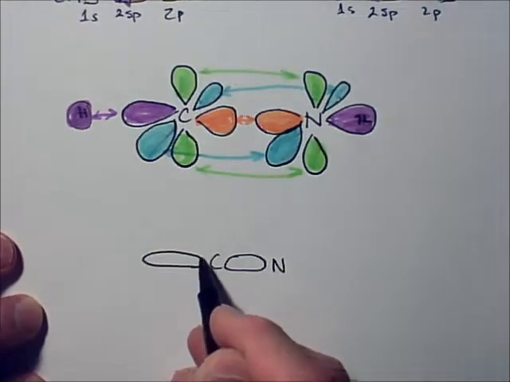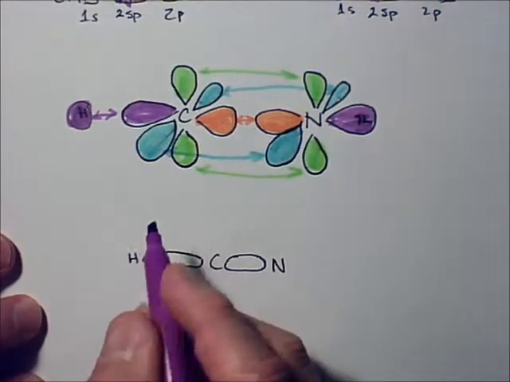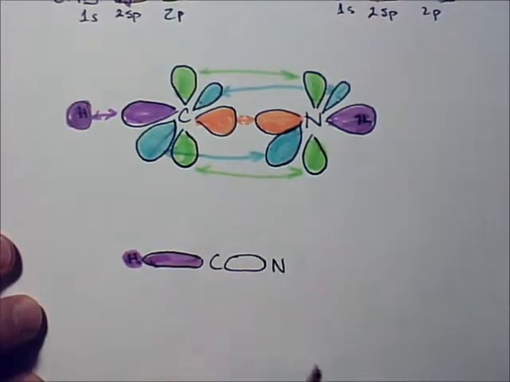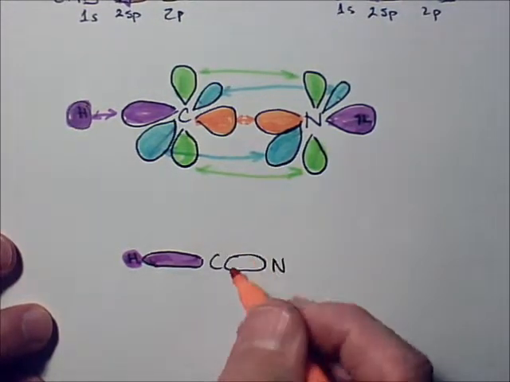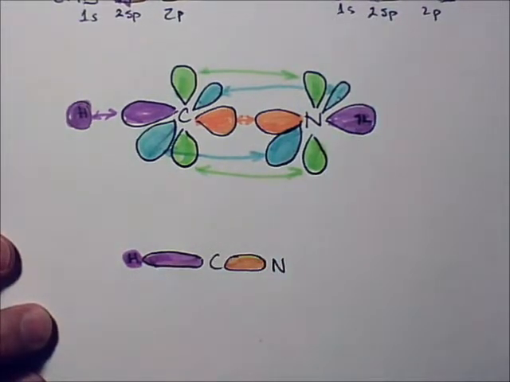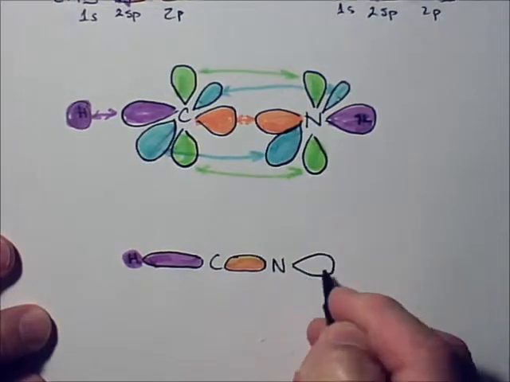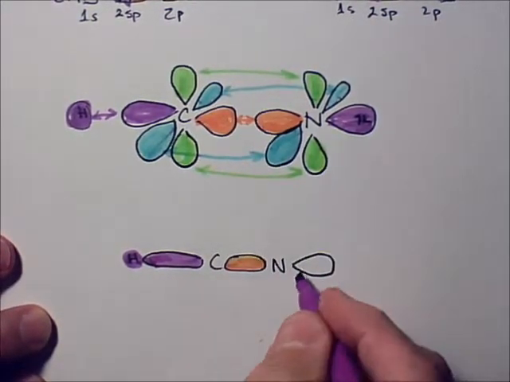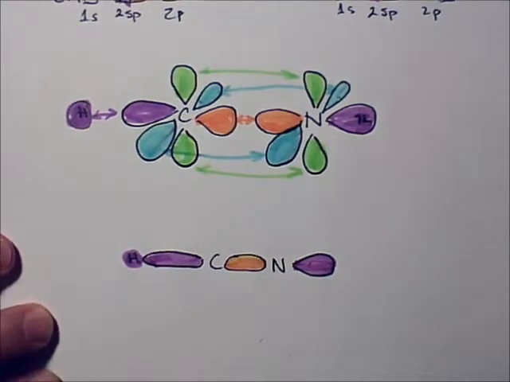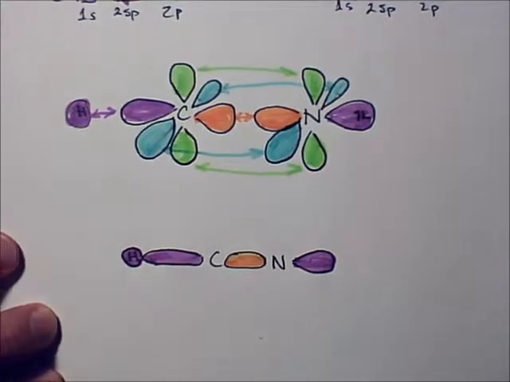That's a single balloon shape. So this is our purple bond here. And this one over here is our orange.